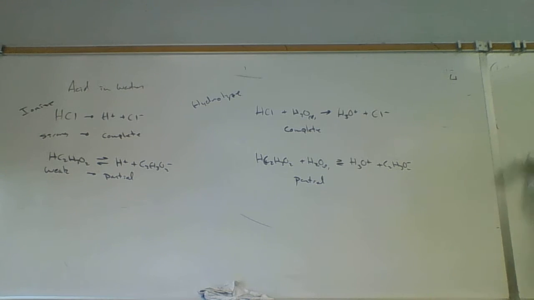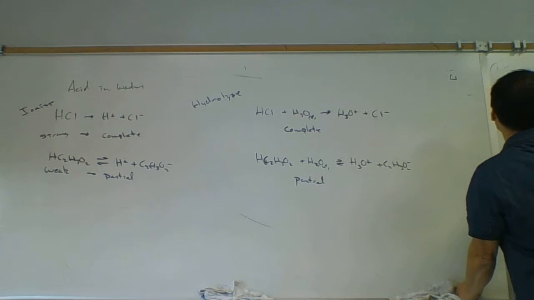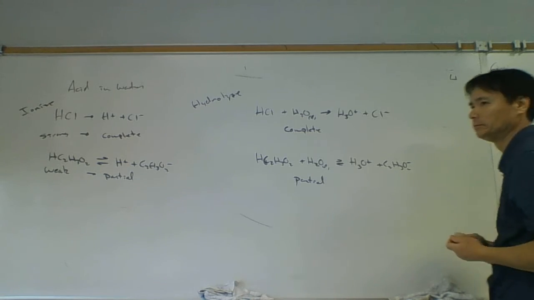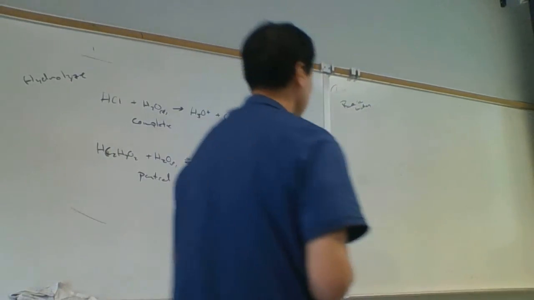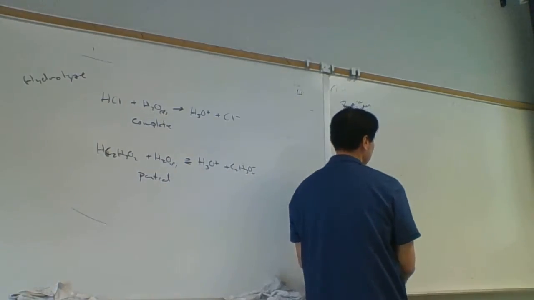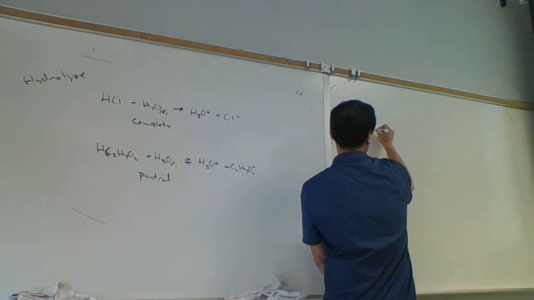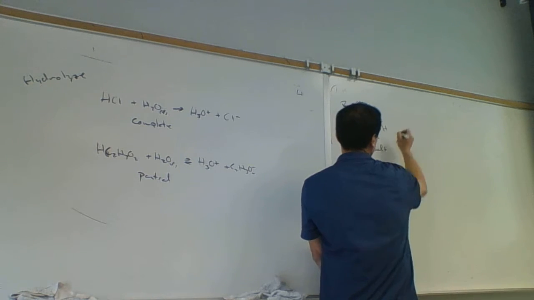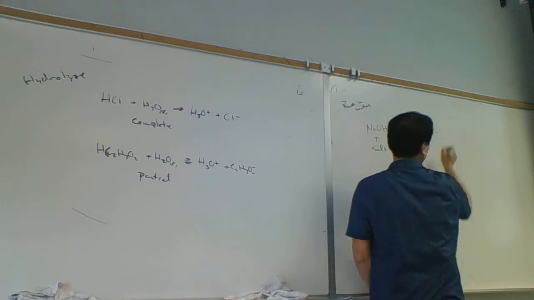Now bases don't do this. Bases do something called hydrolyze only. And the hydrolysis looks a little different. Something like sodium hydroxide, we consider that a salt first. And salts like this ionize.